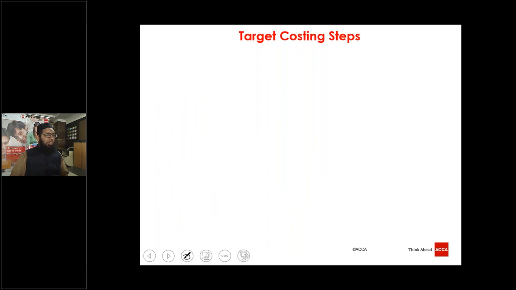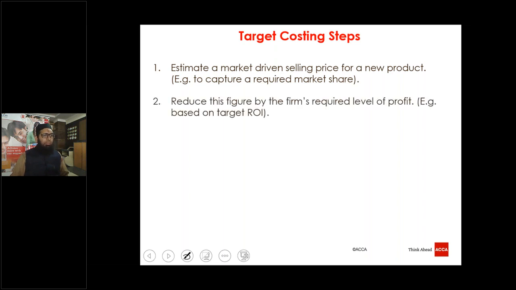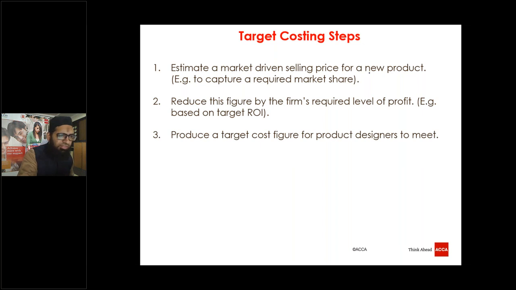Now, let's see the target costing steps. First of all, we estimate a market-driven selling price for a new product. Then, we reduce the figure by the firm's required level of profit. And finally, we produce the target cost. So for example, we estimated that the selling price should be $90.